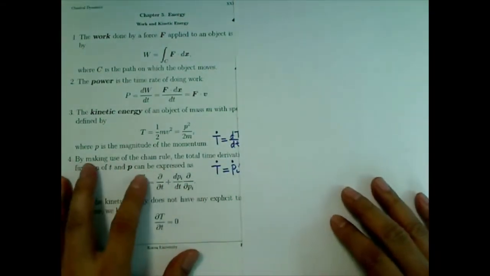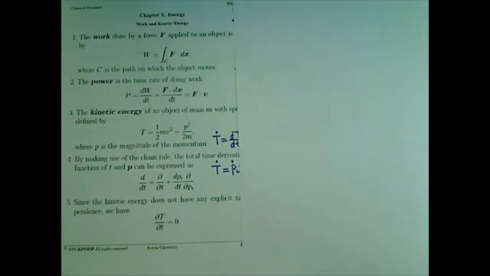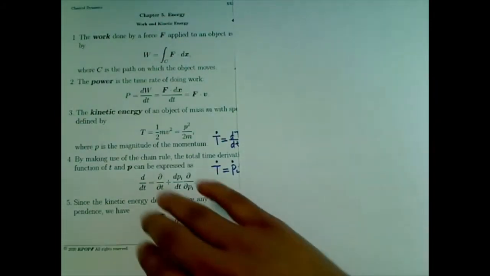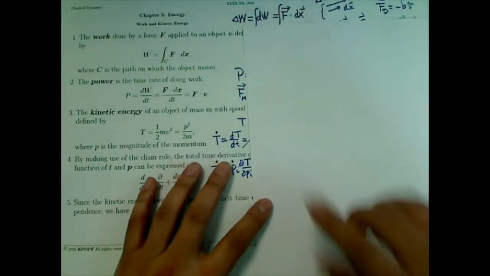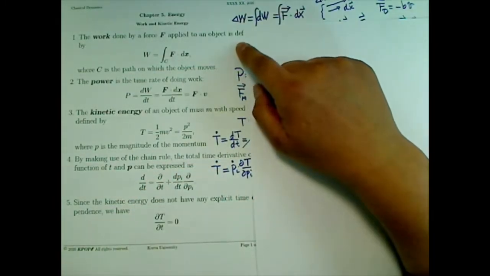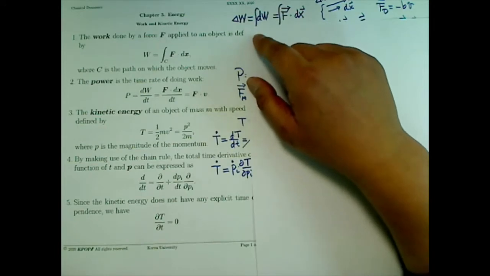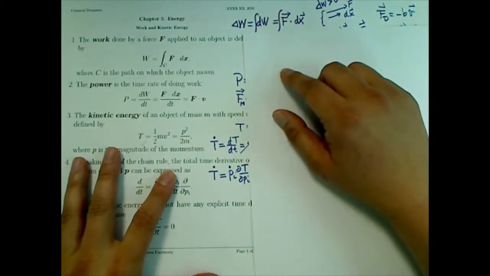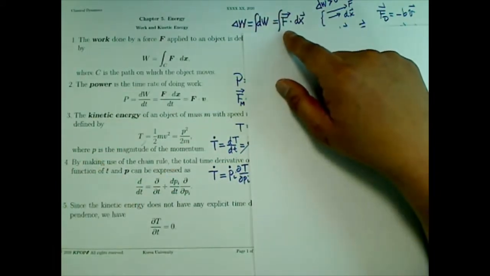The work done by a force along a path C gives the work that is the integral of f dot dx along the path C. dW, delta W, that is the work during some finite translation, and that is f dot dx.